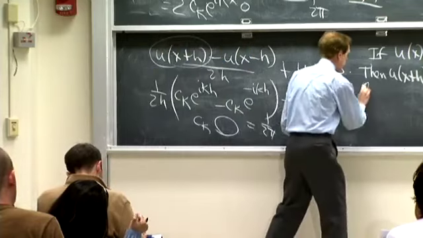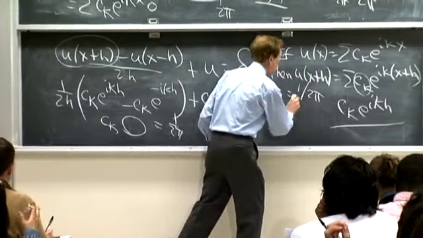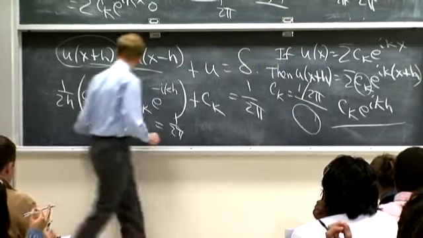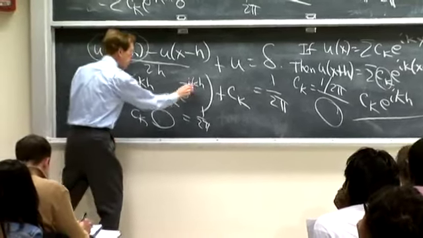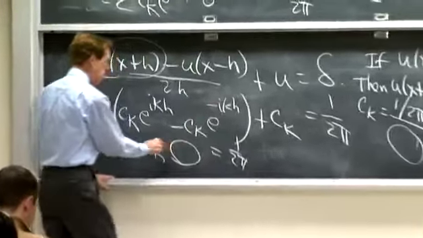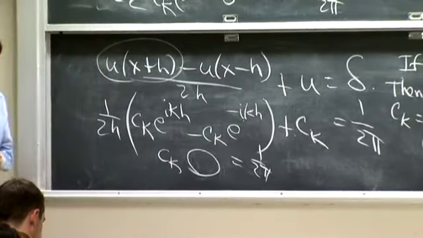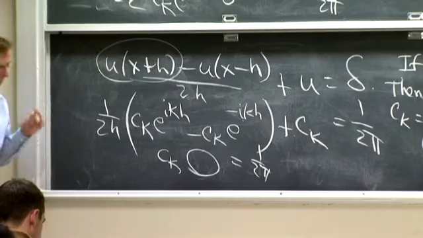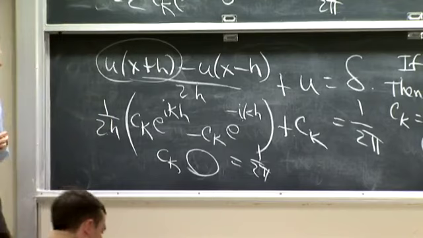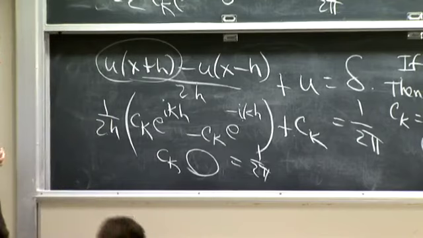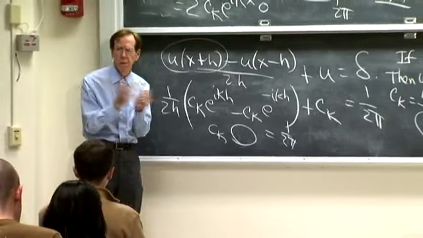So finally I get ck is this 1 over 2 pi guy divided by whatever that was, 1 over 2h times that number minus 1 over 2h of that plus 1, whatever is multiplying ck there. It's the transfer function. So there's another word which I could have and should have used before today, but here it is. Okay, so that's some thoughts about that question.